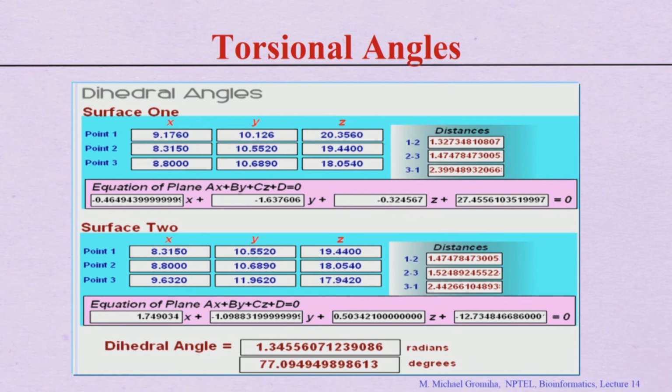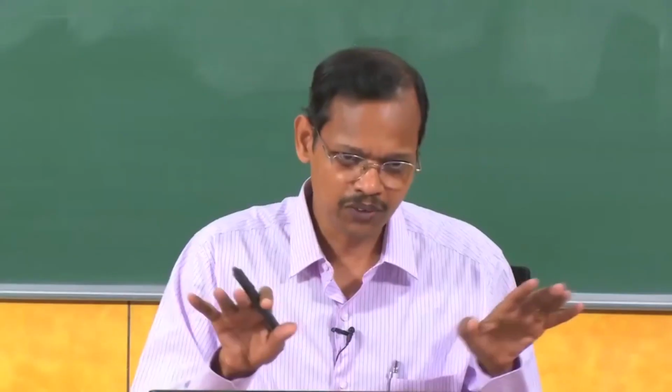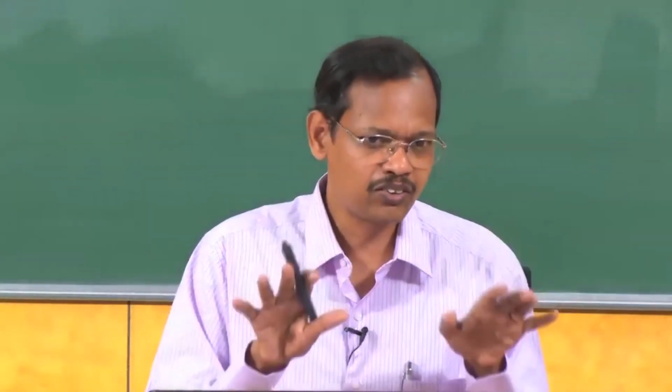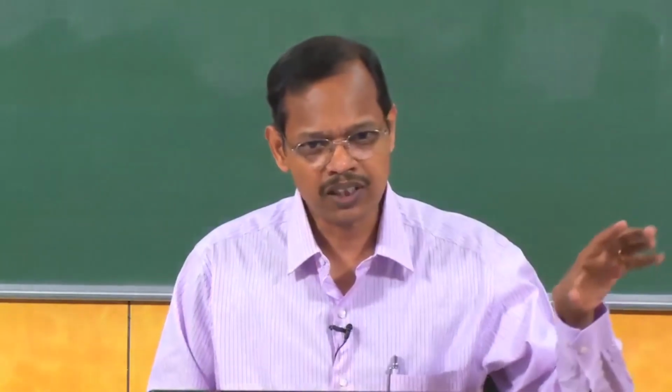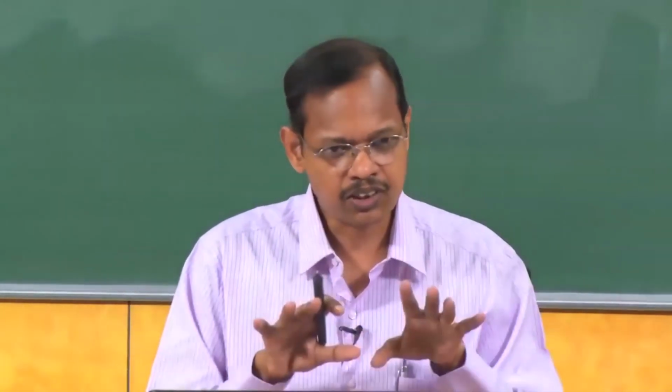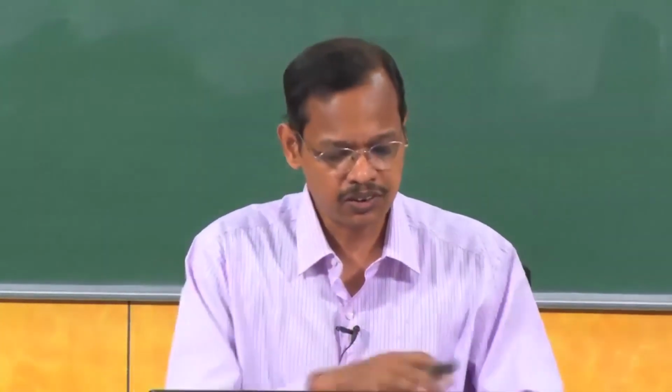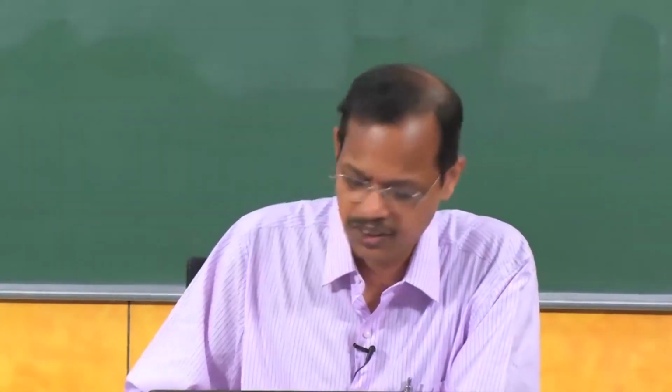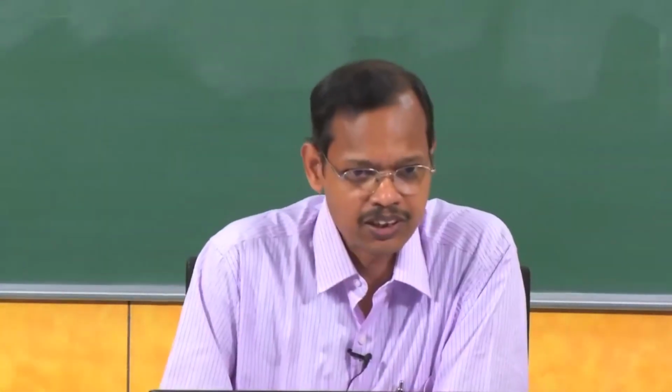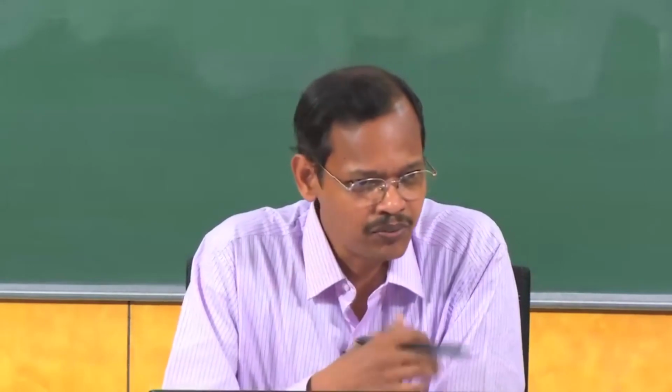Then for plane 2 you get the equation of the plane, and finally with these 2 equations it calculates the dihedral angle, which is about 77 degrees. Four atoms are required for a dihedral angle: 3 in one plane and 3 in another plane. You get the equations of the planes and use them to get the dihedral angle. It is very simple.